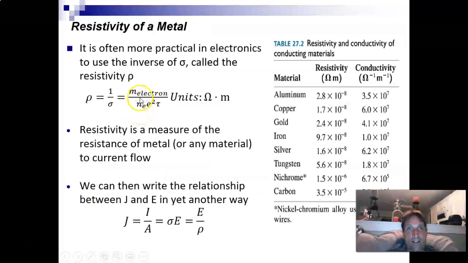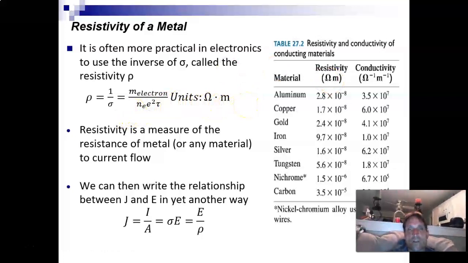If you take the inverse of that, we get this property called the resistivity. While the conductivity is a measure of how good the metal is at letting electrons flow through it, in other words, how much charge per time can flow through it, the resistivity, like its name implies, is a measure of how much the metal resists the flow of current. And that has units of ohms per meter.